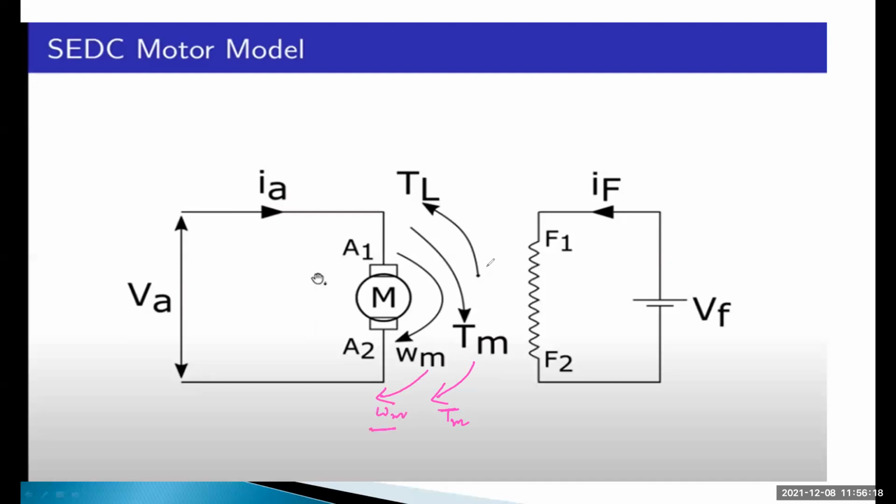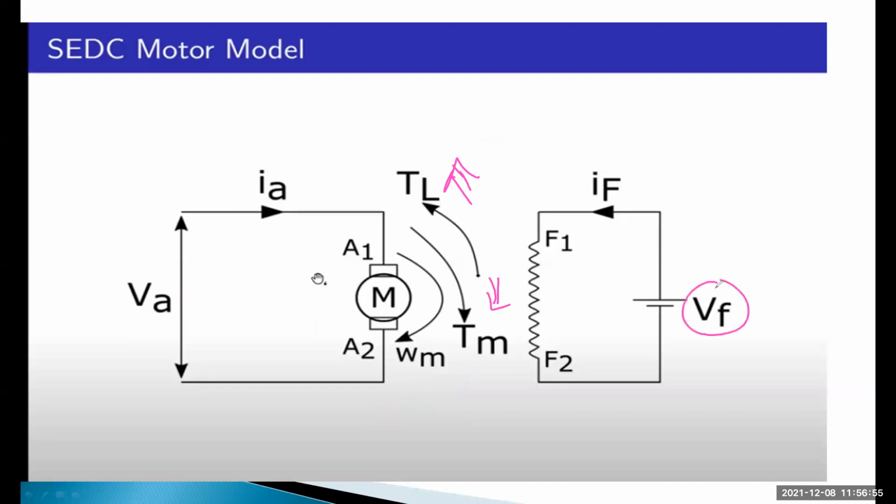And this load torque is always in the opposite direction of the electromagnetic torque in motors. In a separately excited DC motor, the load torque is always in the opposite direction compared to the electromagnetic torque, that is called motor torque.